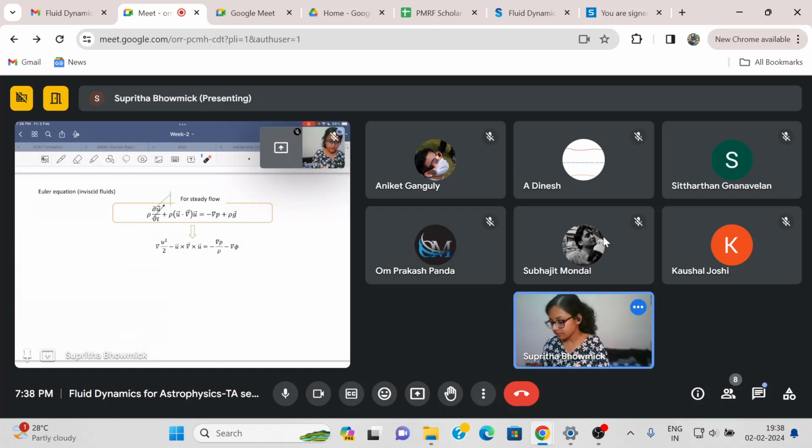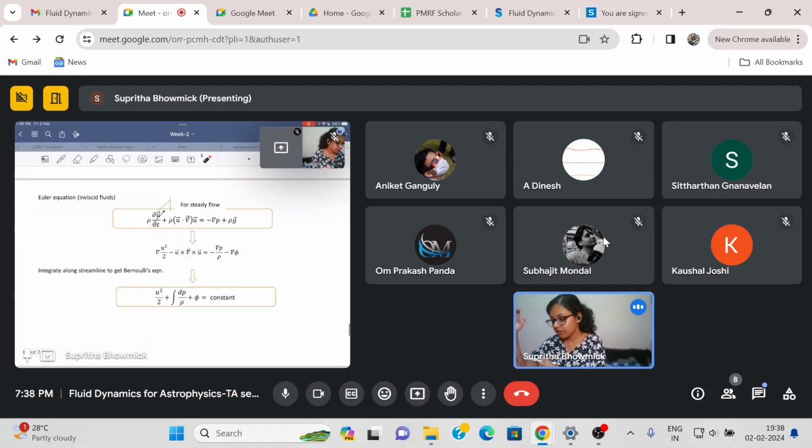Now, let us integrate this equation along dl, where dl is a small line segment along the fluid velocity, which is also the streamline. So we want to integrate this along the streamline, right? And if we do that, this term just becomes u squared by 2.